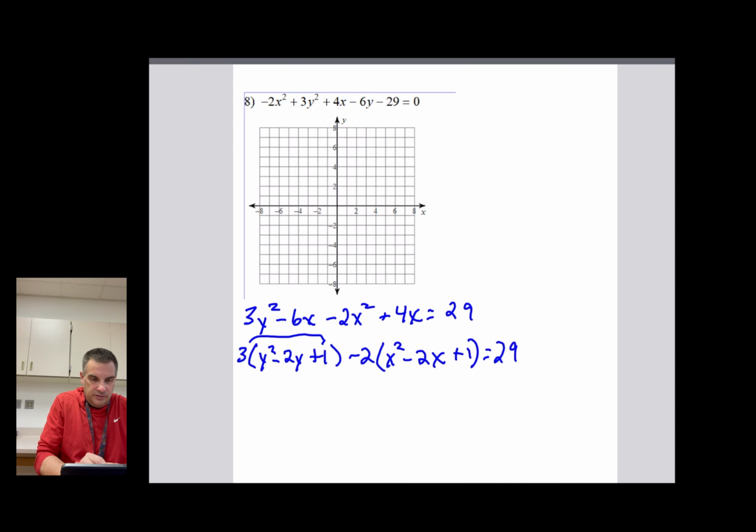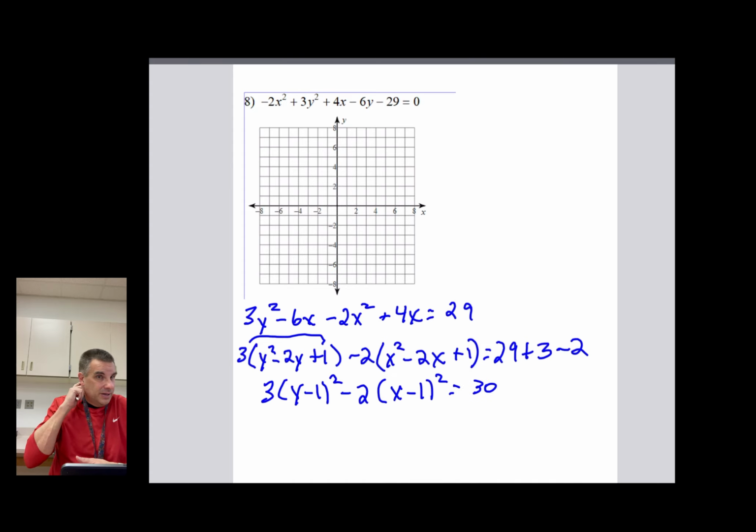So over here, distribute that over. So I've actually added 3. And here, negative 2 times 1 is negative 2. So I've actually subtracted 2. Okay. So that leaves us with 3 times y minus 1 squared minus 2 times x minus 1 squared equals 30.